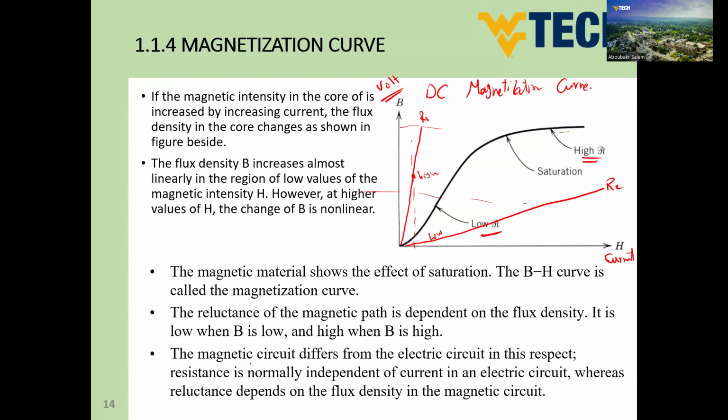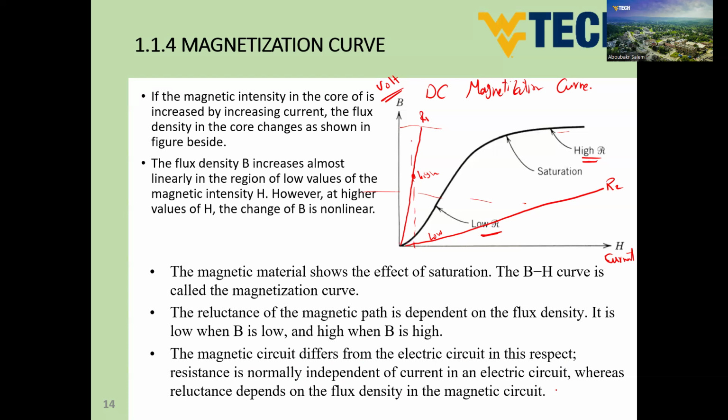Okay. The magnetic circuit differs from the electrical circuit in this respect. Resistance is normally independent of current in the electric circuit, whereas reluctance depends on the flux density in the magnetic circuit.